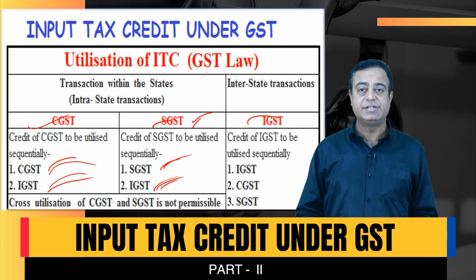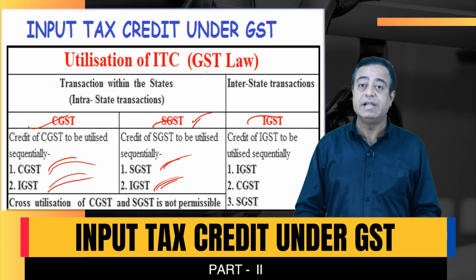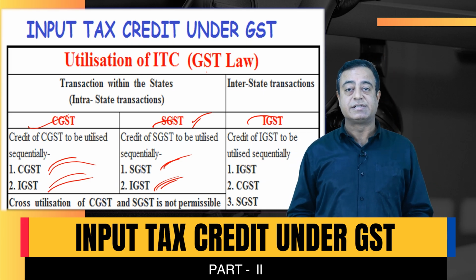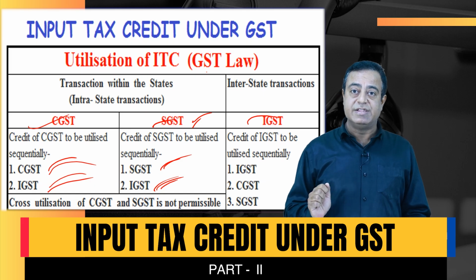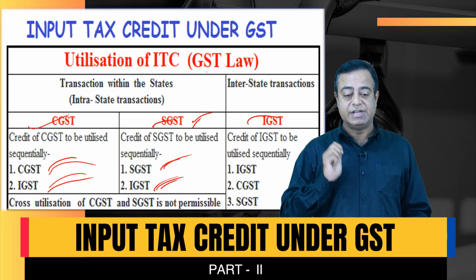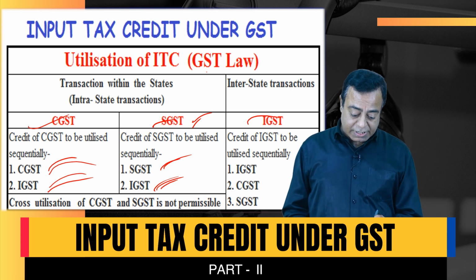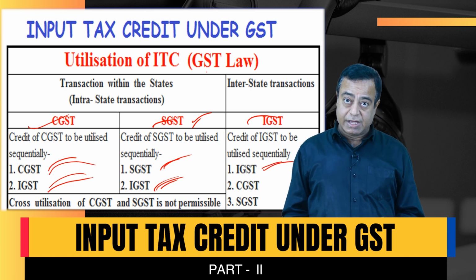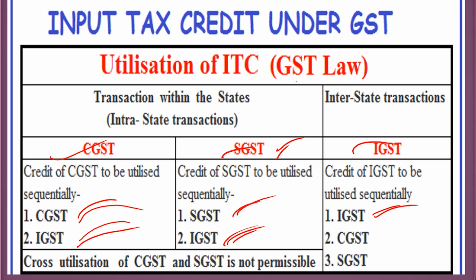The third GST we have is IGST, Integrated Goods and Services Tax. The adjustment of IGST is totally different from CGST and SGST. IGST can be utilized first for IGST. After that, if we have any balance amount, it can be used for CGST, and after that, if any balance remains, it is used for SGST.